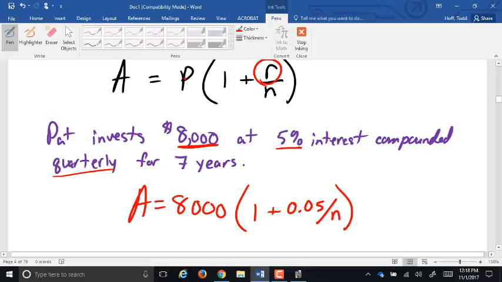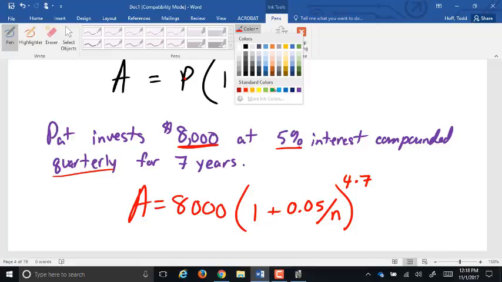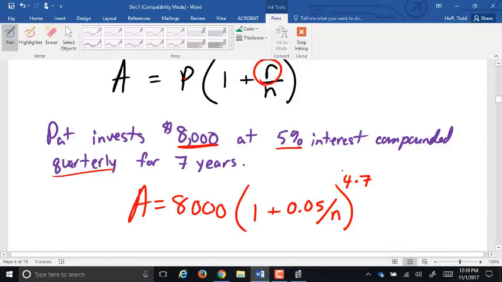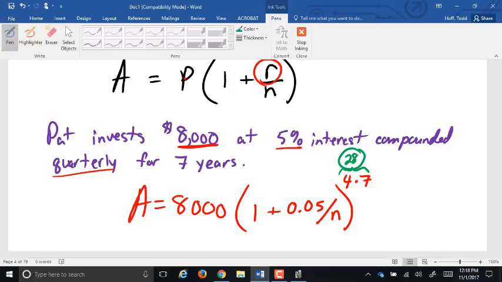Good. And then we're going to go to the power of N times T. Well, N is still 4. T is the number of years, which is 7. If I look at this, N times T, 4 times 7 is 28. There's 28 quarters in this investment, is what that's telling me. I don't know why I wrote N down here when I said 4. That should be 4 over 4.